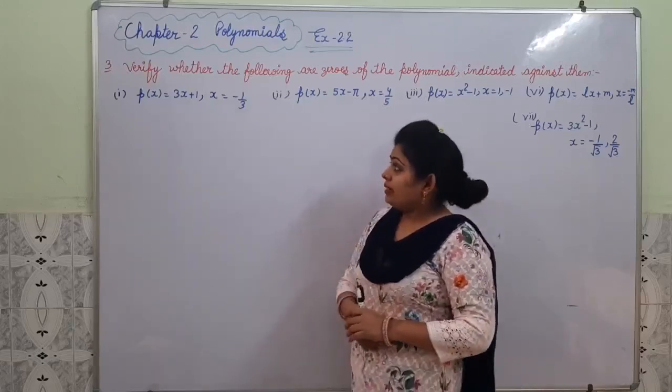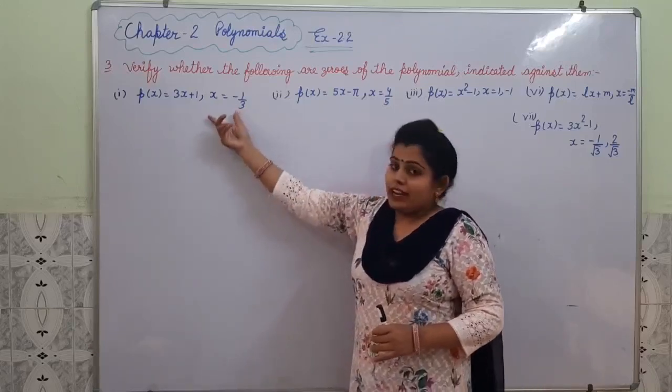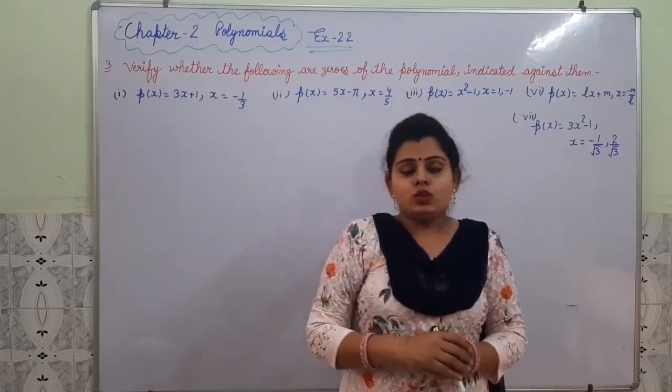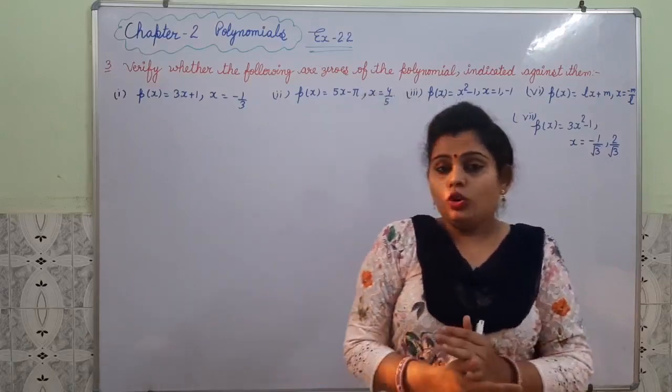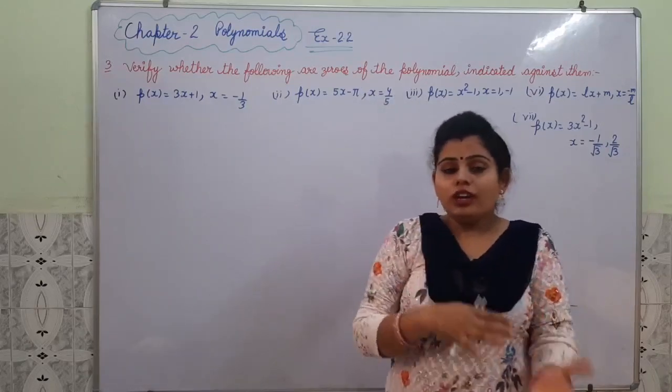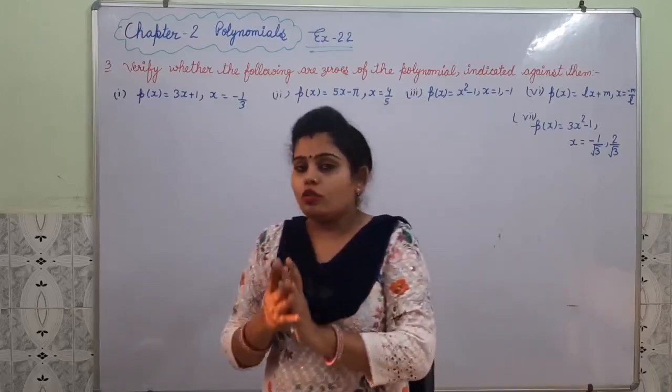हमने क्या बताना है कि जो हमें यहाँ पर वेरिएबल की वैल्यू गिवन है वो इसका जीरोस है या नहीं है. Yes, dear students, as I told you in the starting of this exercise, what is the zeros of the polynomial, or how can we say that this value is the zeros of the polynomial.